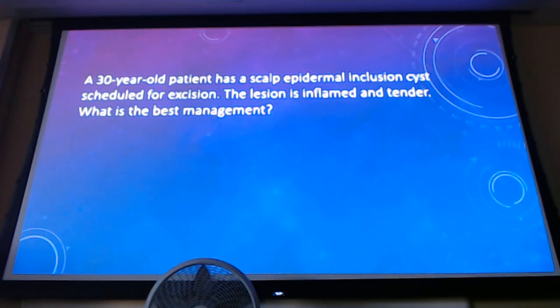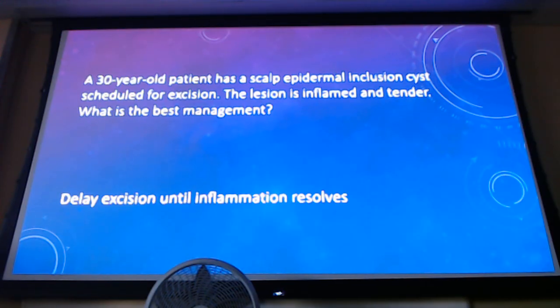But if it's a rock hard infection type thing, maybe you want to delay until that inflammation and infection clears up. It really depends on what it looks like. If it's fluctuant, you can throw an ultrasound on it to see if there's actually an abscess underneath it. But if it's a true cyst, you really want that tissue to be not as inflamed and infected. Okay.